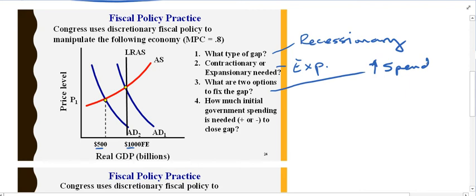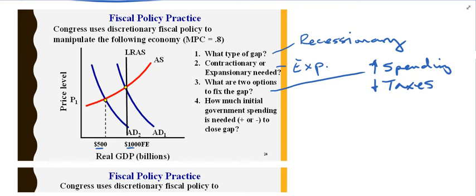Government spending. Or we can decrease taxes. Or both. Usually they do both. Government always spends, really, honestly. Let's just be honest. You can do both, or one or the other. And that's right. Spending is going to increase aggregate demand, and decreasing taxes is going to put more money into people's pocket, and they're going to spend more, we assume.